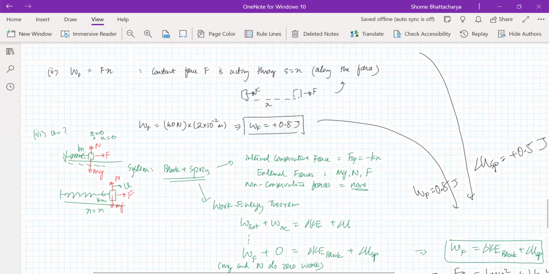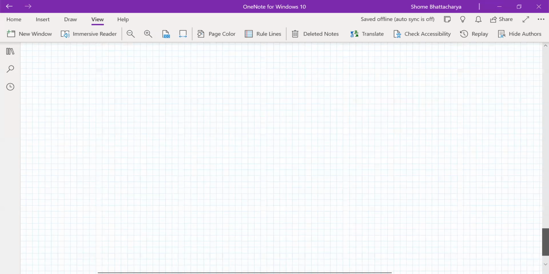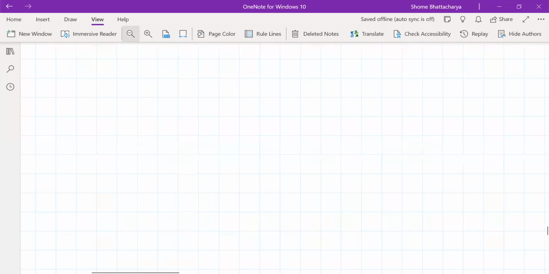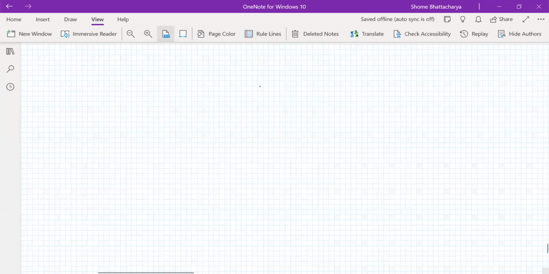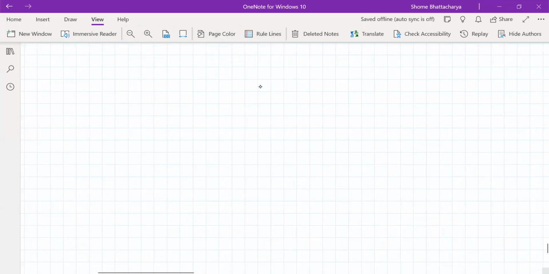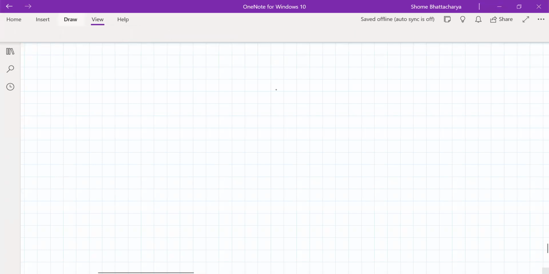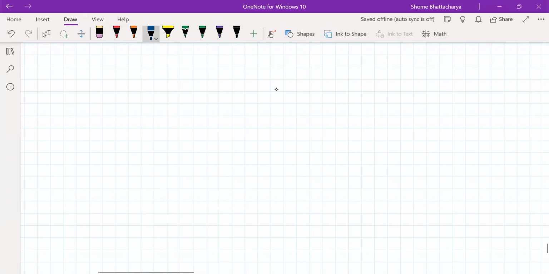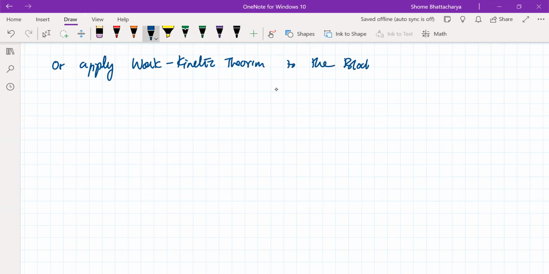Okay, now the second alternative, as I was telling you, that we have is that we can use the work kinetic energy relation, or apply the work kinetic energy theorem to the block alone.